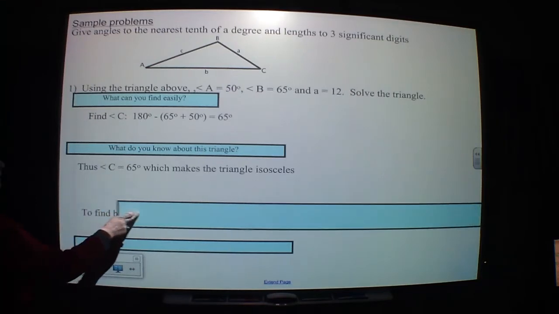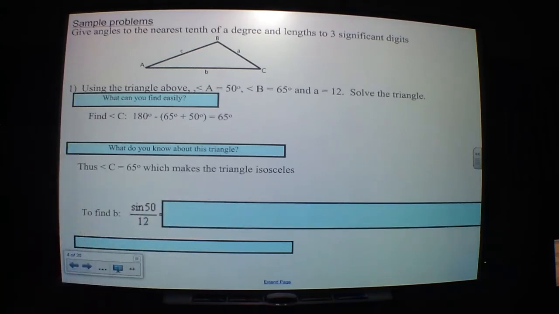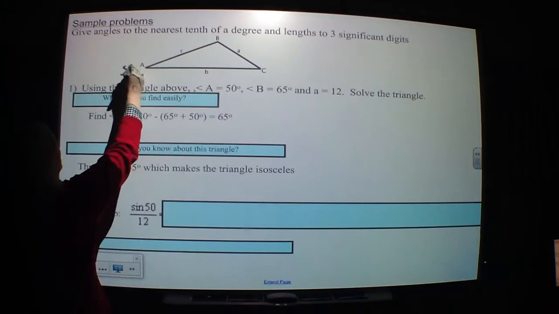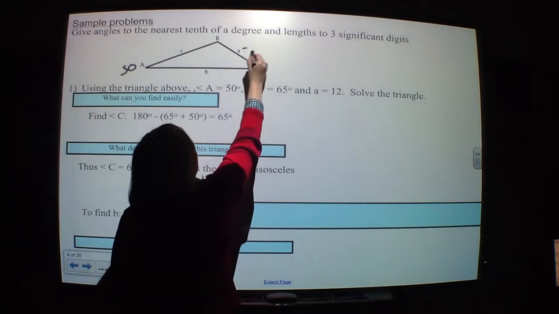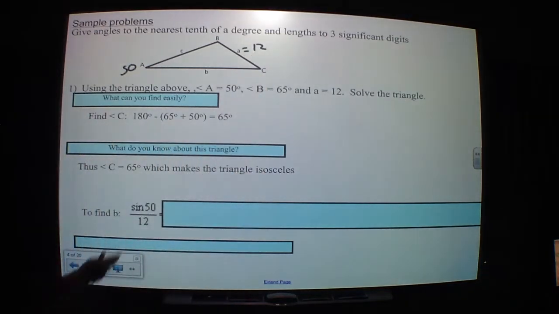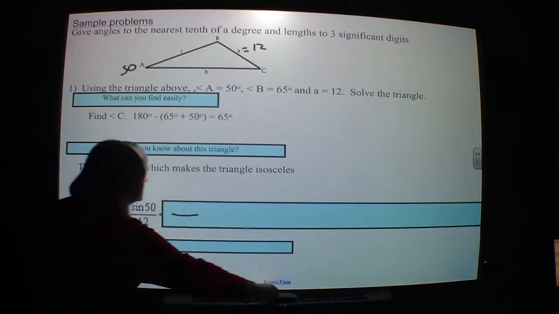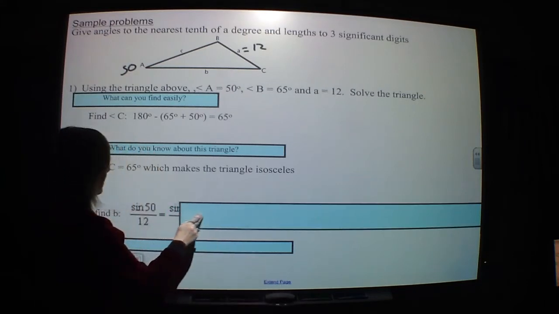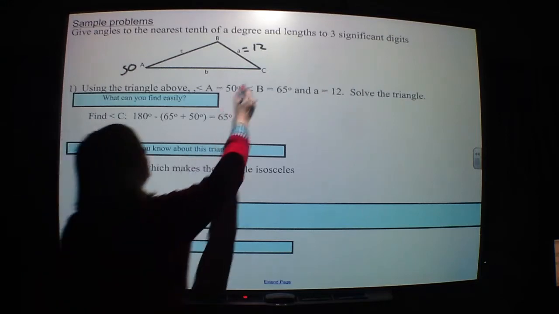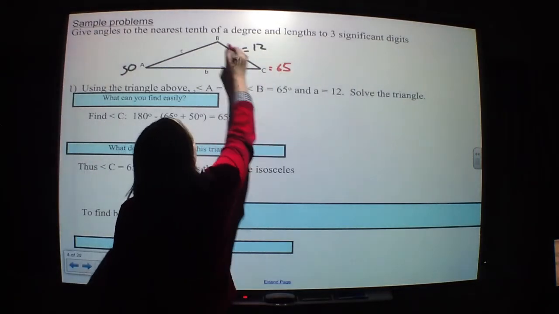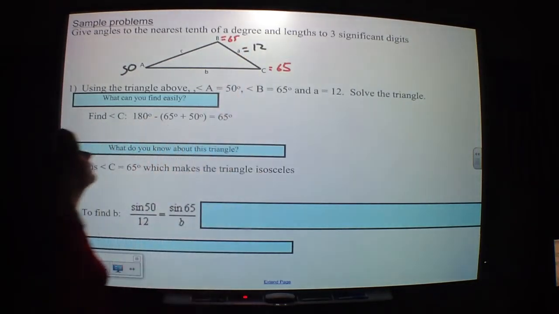So I have the sine of my angle. A is 50. So the sine of 50 over a, which is 12, is equal to the sine of, and you can do any angle, it does not matter, but sine of 65, and it really doesn't matter if B or C is 65, they're both the same.